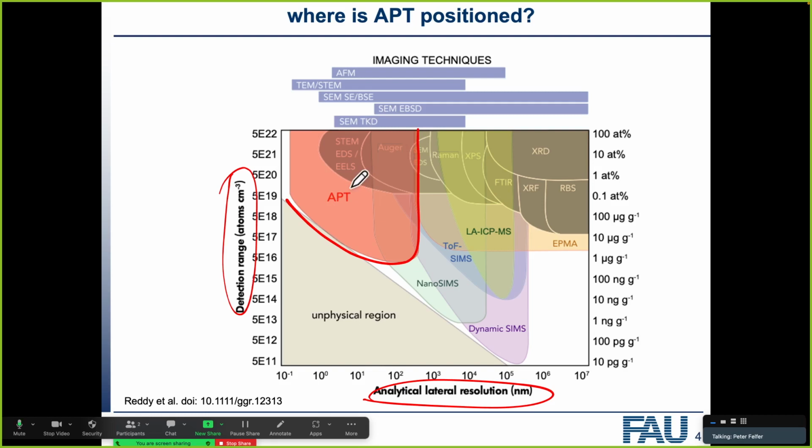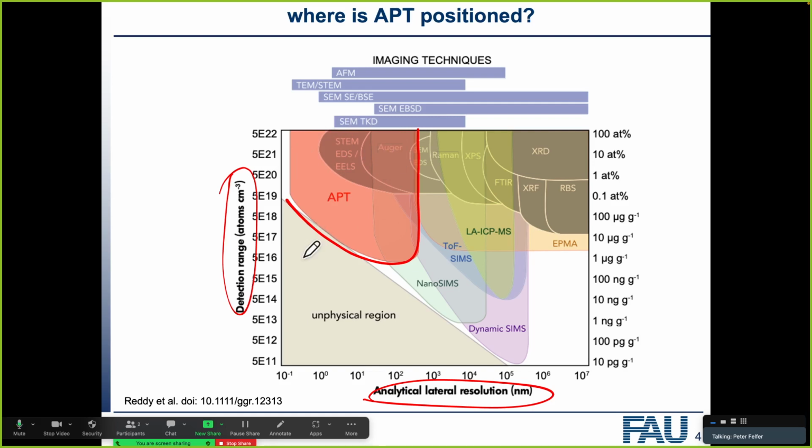But laterally, we can have some deviations in the ion trajectories, which we're going to discuss later on, that lead to lower lateral resolution. And you can see we're in regions where there is no other analytical technique that really exists.